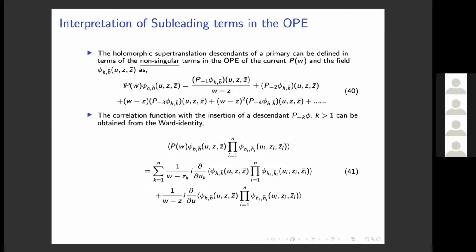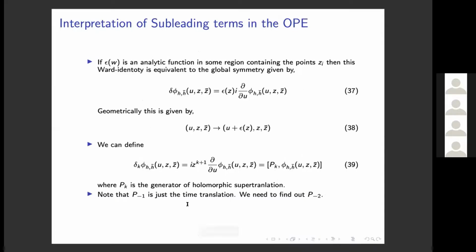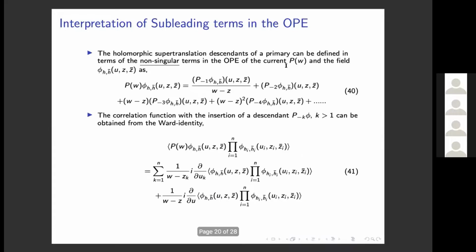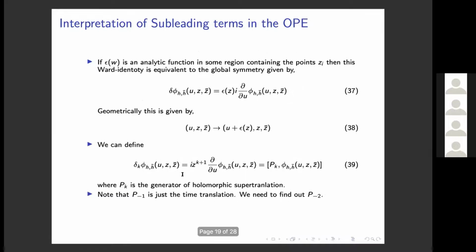We define the OPE of this P(w) and some primary phi, which has this form. So the residue of the pole is just P_{-1} phi, which is just the translation in time, which you should have.